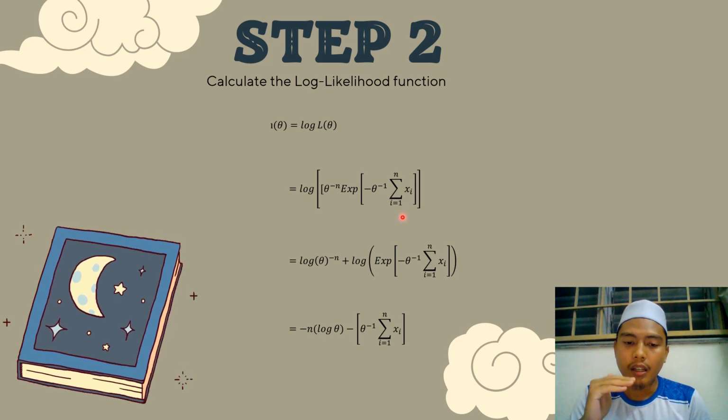So we get log theta power of negative n plus log exponent bracket negative theta power of negative 1 times summation of x.